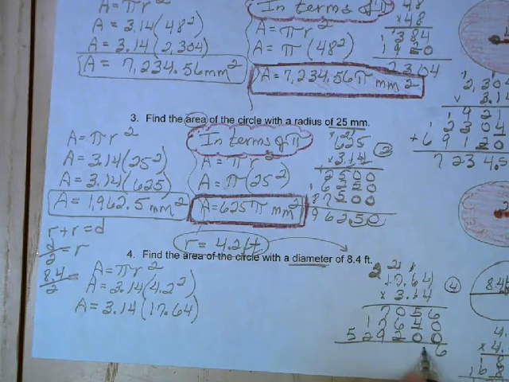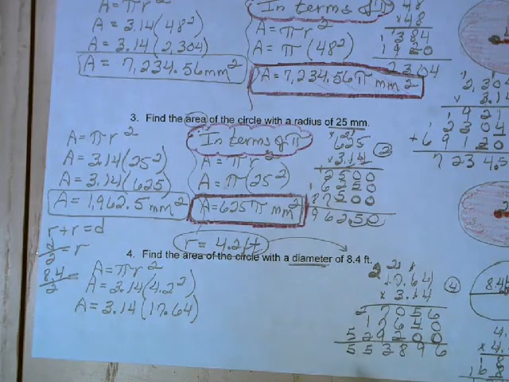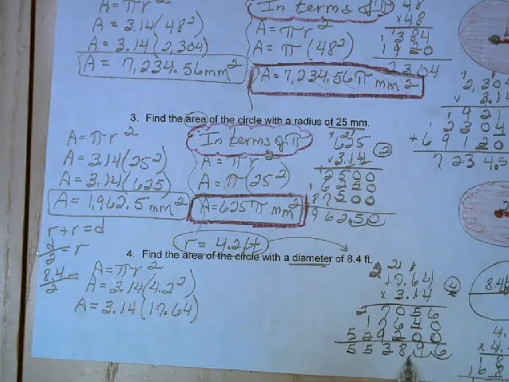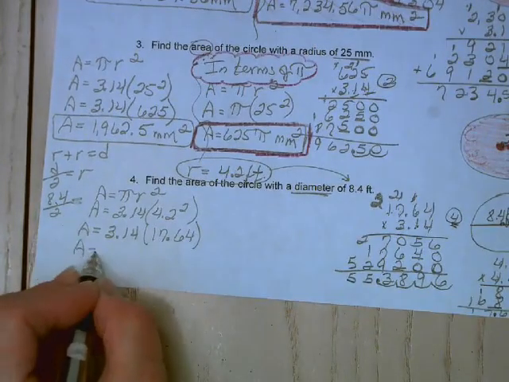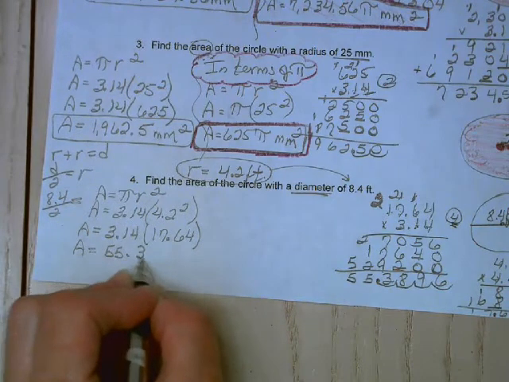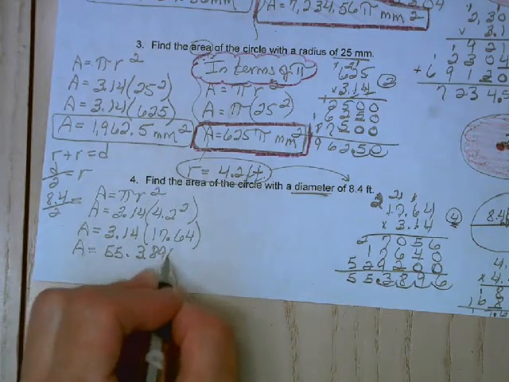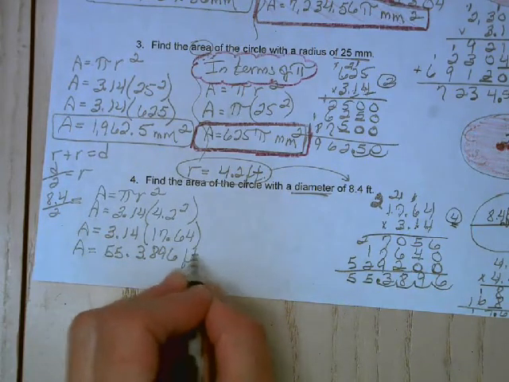I have 6, 9, 8. 14 plus 9 I believe is 23. 5 and 5. 4 places back in. 1, 2, 3, 4. And I have area equals 55.3896 feet squared.